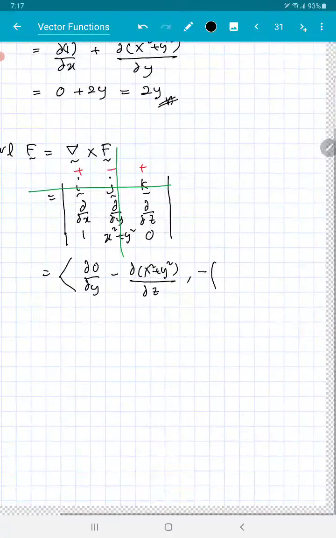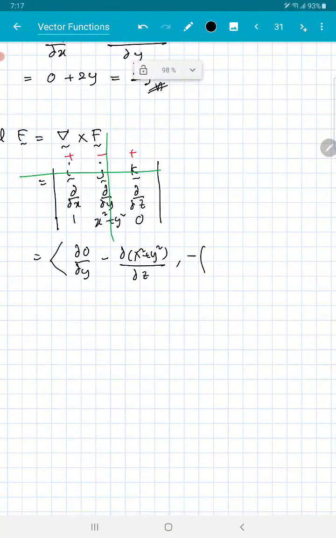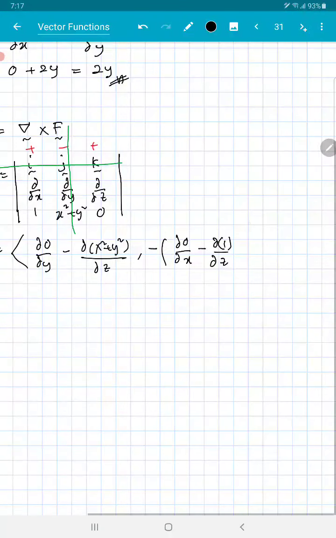When you cross out the first row, second column, you end up with a 2 times 2 matrix, where you have partial 0 partial x minus partial 1 partial z. And the z component is positive again.